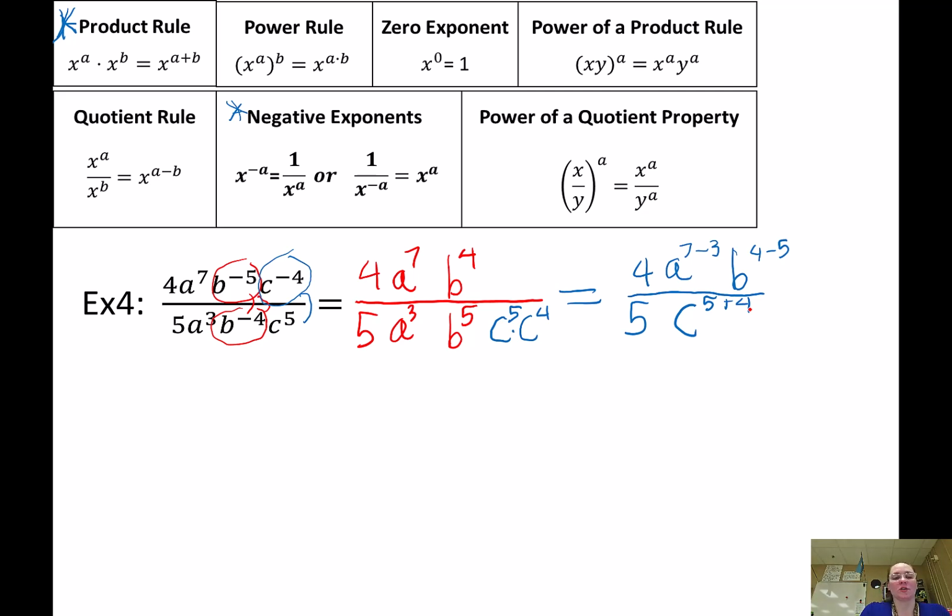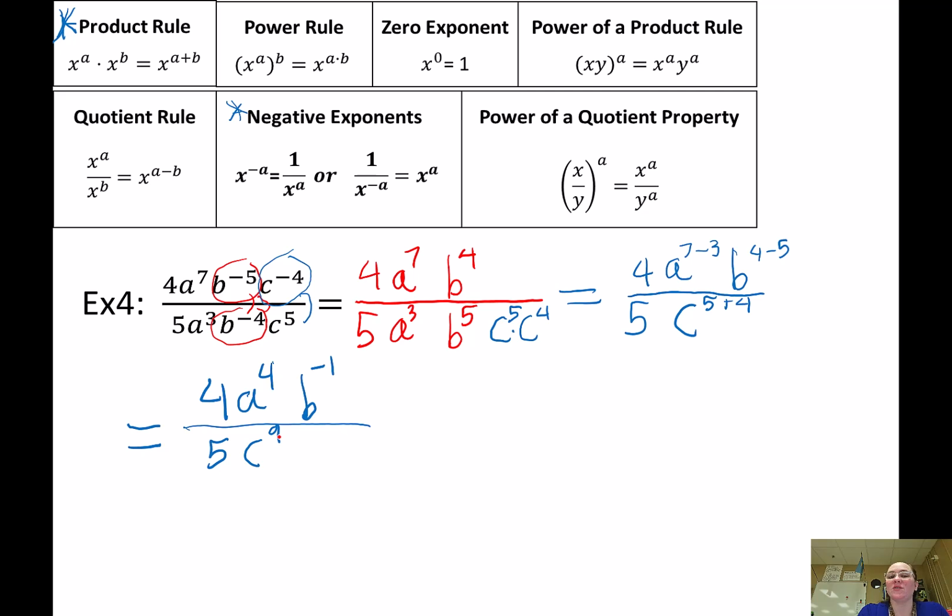From here, it's just a straight simplify. So again, 7 minus 3 is going to give me 4. So I get a to the 4th power in the top. For b, it's b to the 4 minus 5, which gives me b to the negative 1 power. And then in the bottom, I've got 5, c to the 9th.